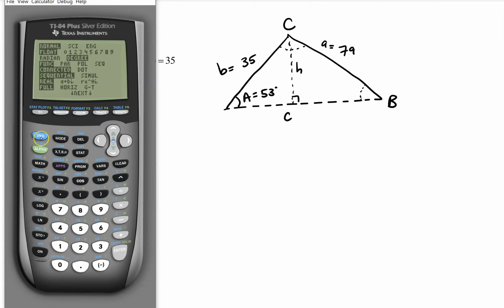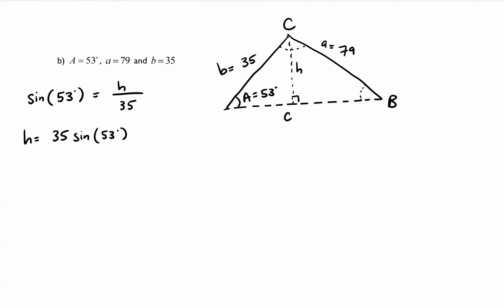Let me make sure I'm in degrees, and I am. So then I want to do 35 times sine of 53 degrees. And notice here that all of the side lengths and angles are in whole numbers, so I'm going to round that to the nearest whole number, which is 28.